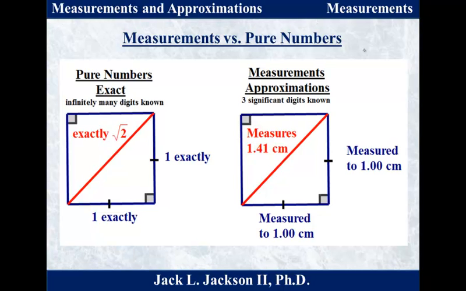Well, we don't know all those decimal places. We don't know that the diagonal measured that finely because we didn't measure the sides that precisely. So in real world situations, almost always we're dealing with measurements, which are inherently approximations.